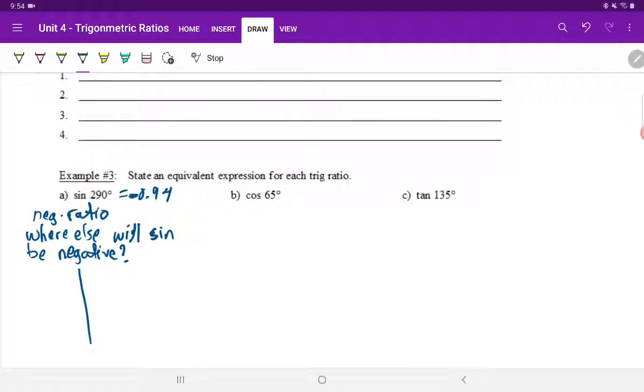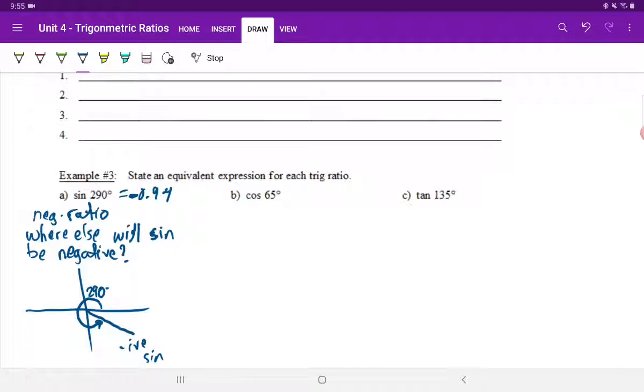So we're down here, at 290. We know that we have a negative sine ratio here. Well, we want to find an equivalent expression, so we also want to find another place where we'll get the same value and also be negative. Here's what you do to do that.